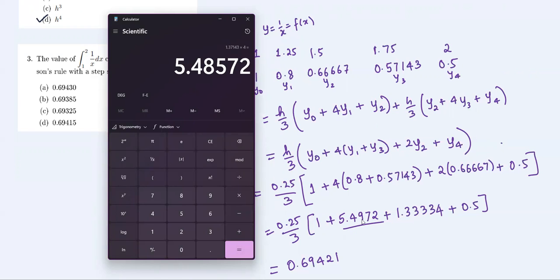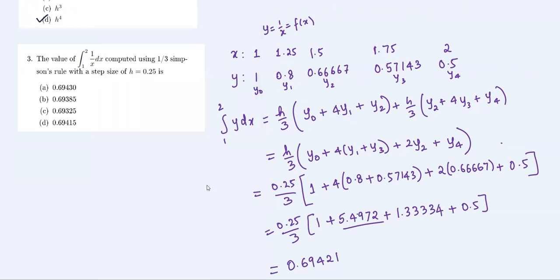Okay, I made this mistake, 5.48572. So now I should be getting the correct value, I think.